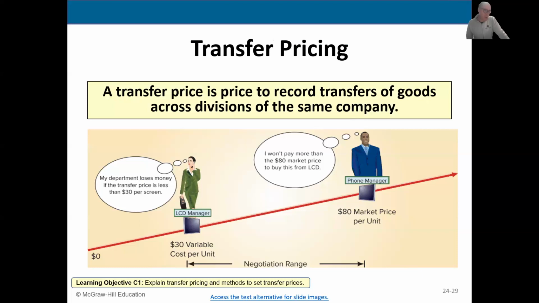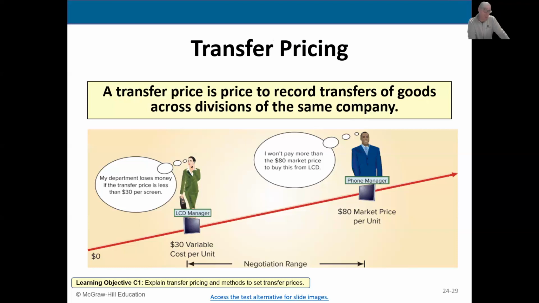I need to transfer a bunch of additional inventory to your division so I can keep making more. In order to do this, the two managers negotiate what we call a low transfer price.